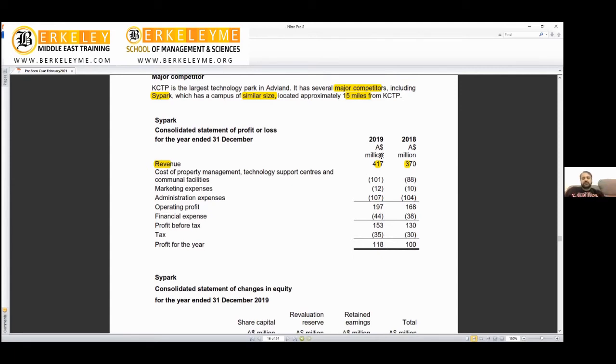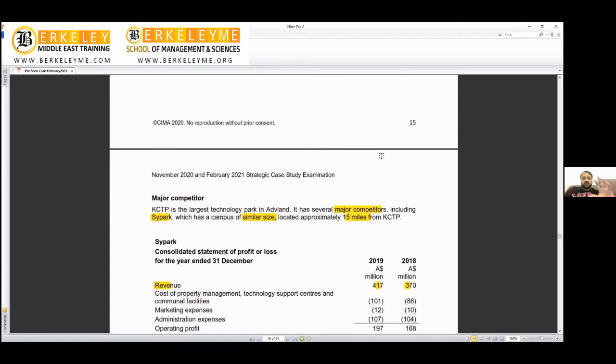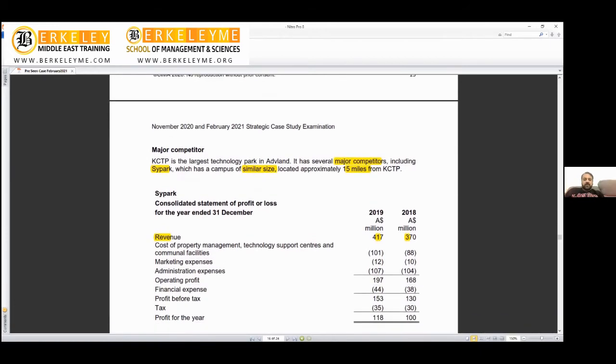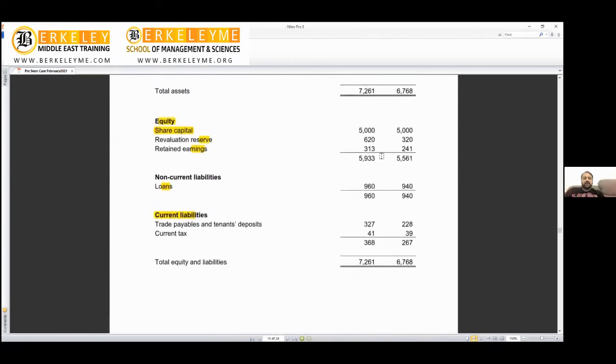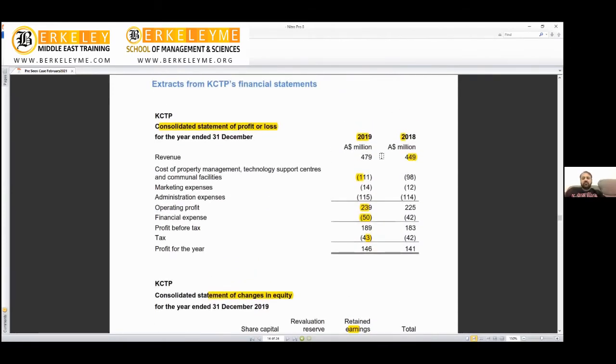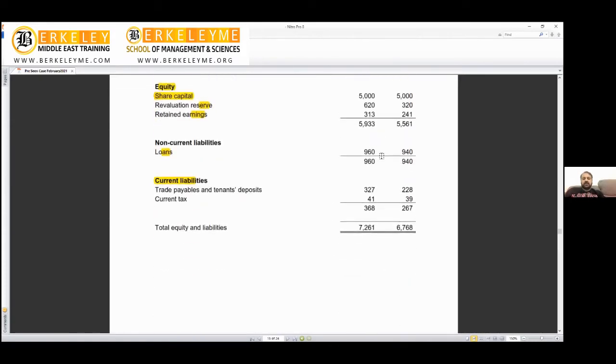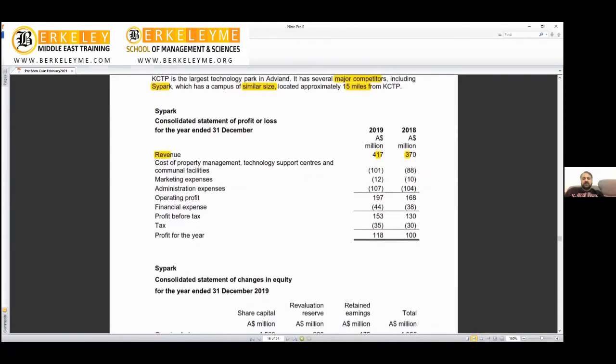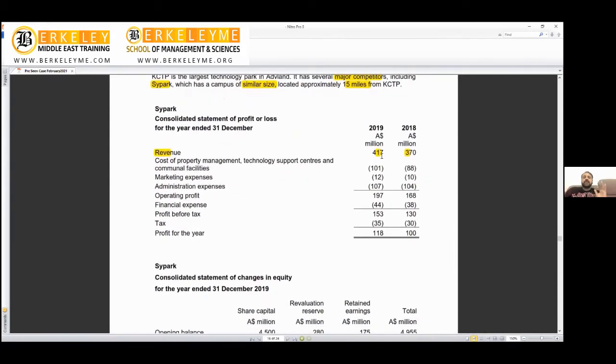That makes more sense. So I want to just revise for you. In 2019 they have 417 million sale, and if I go back and remind you, 479. So 479 versus 417. So KCTP sale is still okay.